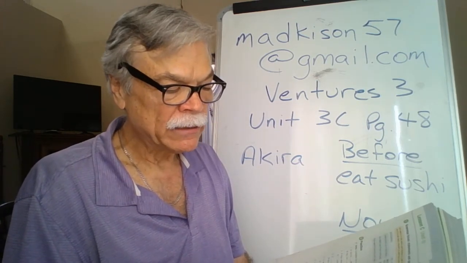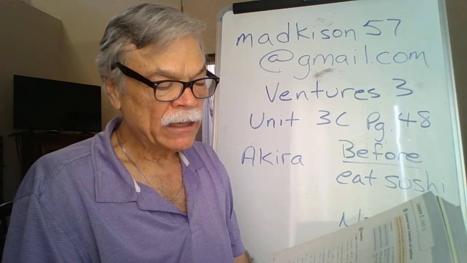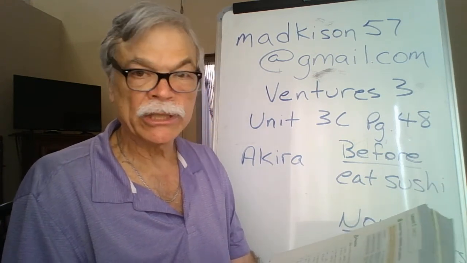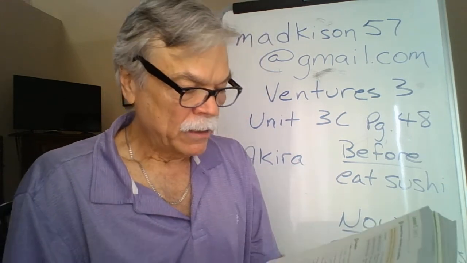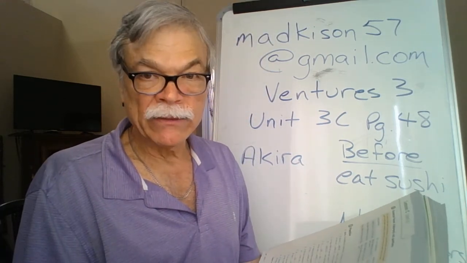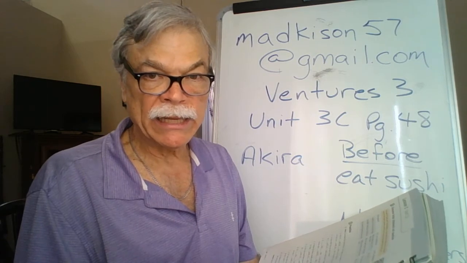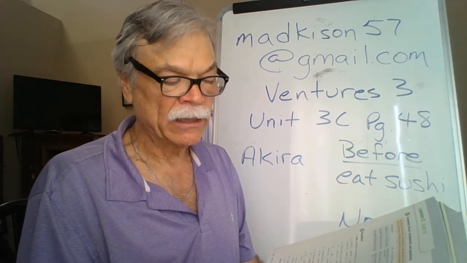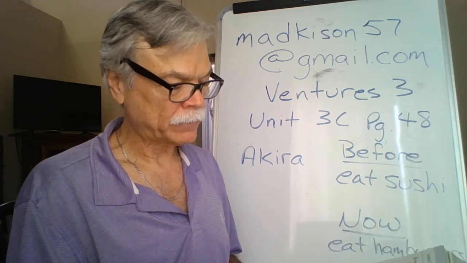And then it says, she used to ride her bike, but now she drives. So this is an affirmative statement, so you would put a D on the end of use. So it would be USED to ride her bike.